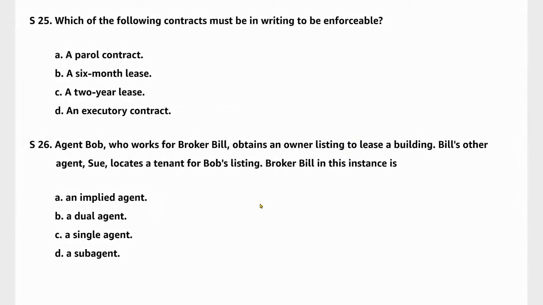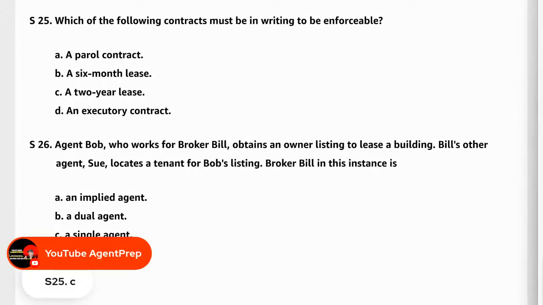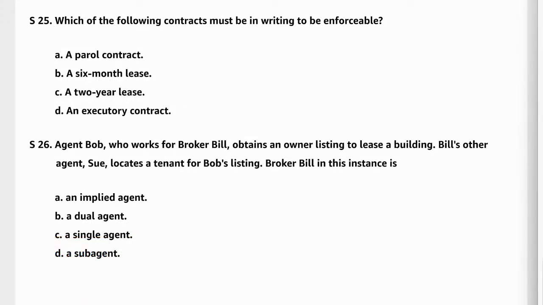All right, number 26. Agent Bob, who works for Broker Bill, obtains an owner listing to lease a building. Bill's other agent, Sue, locates a tenant for Bob's listing. Broker Bill in this instance is A, an implied agent, B, a dual agent, C, a single agent, or D, a subagent.